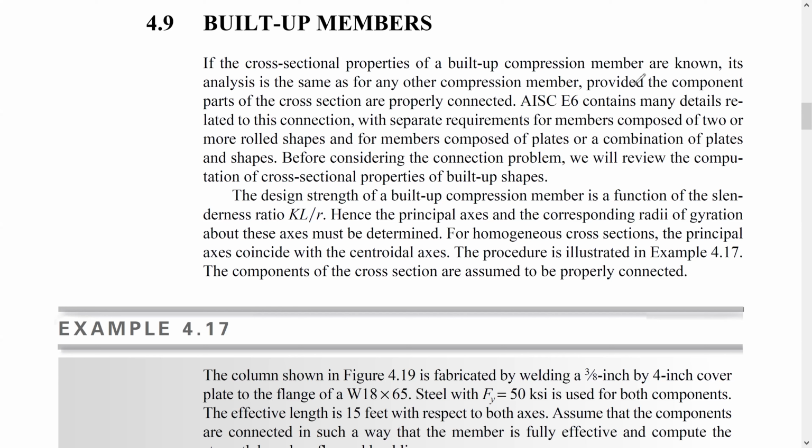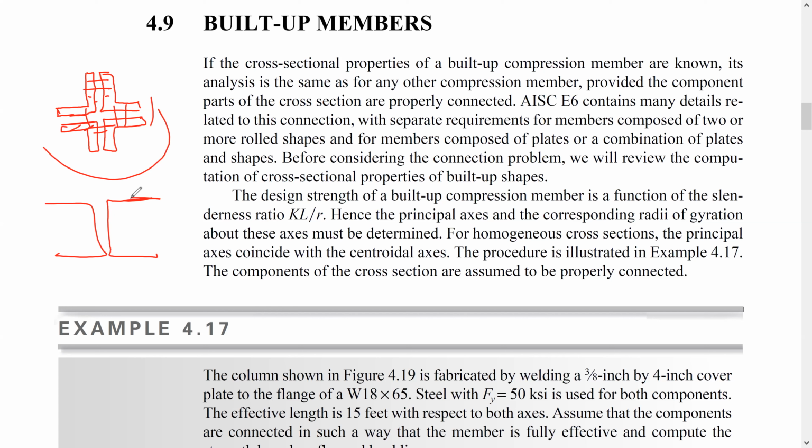What does it mean to have a built-up section? As I mentioned earlier to you, a built-up section might be a combination of 2 or more hot-rolled sections. يعني ممكن يكون لنا, as I just showed you, إنه 4 angles or double angles welded together. ممكن يكونوا 4 طبعا that based on our demand يعني بيعتمد على اللي احنا بدنا اياه. اوكي, فهذول صاروا built up section. ممكن يكون double angle back to back. اوكي, here and there.